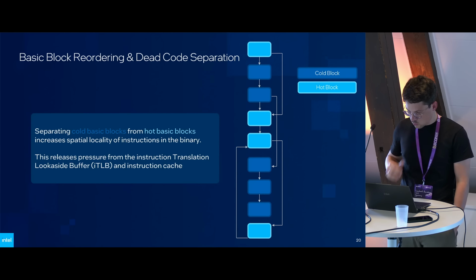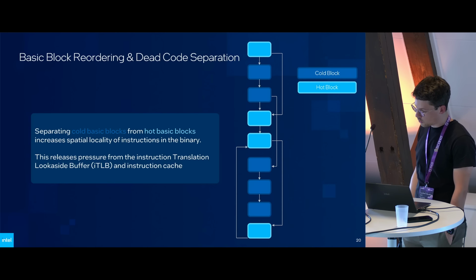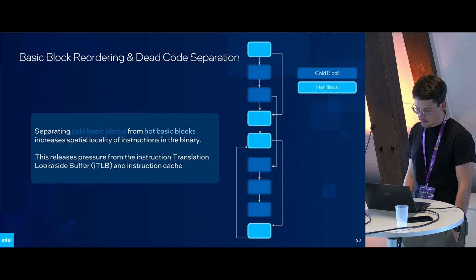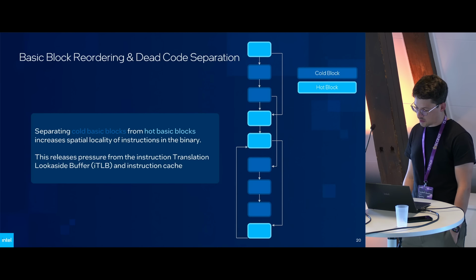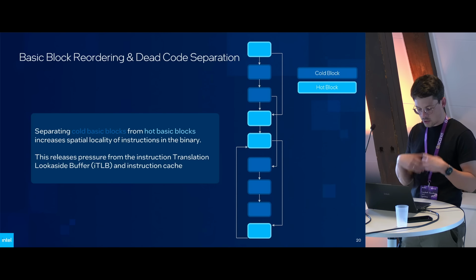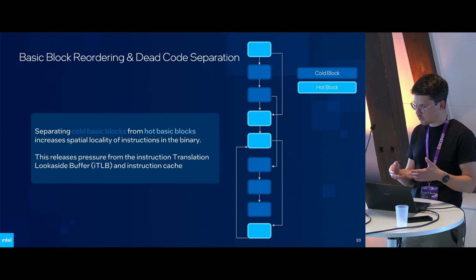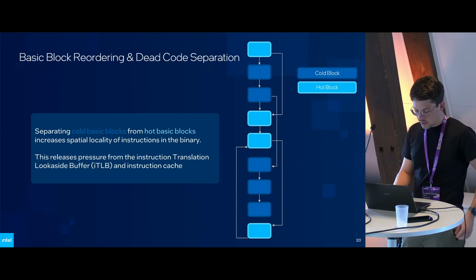So one optimization that only works based on this data, I wanted to also give you an example for this, is called basic block reordering and dead code separation. From the profile, we know which blocks in our control flow graph are hot and cold.